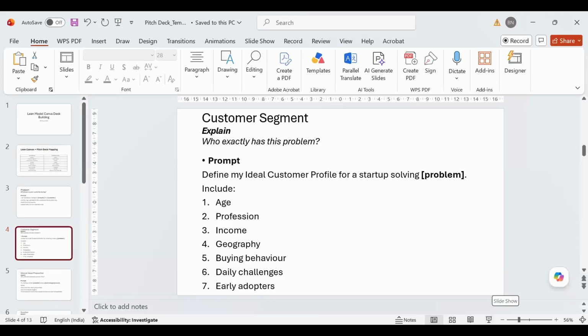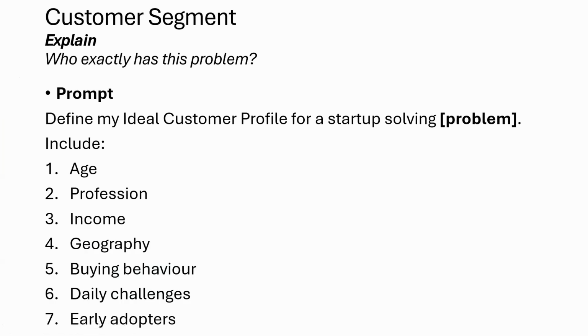Let's go to the presentation now. Okay, so the next is, now that you know your problem statement and the existing solutions that are available, I want you to now tell who exactly has this problem. So this is a prompt that you have to say: define my ideal customer profile for a startup solving the problem that you have already discussed.